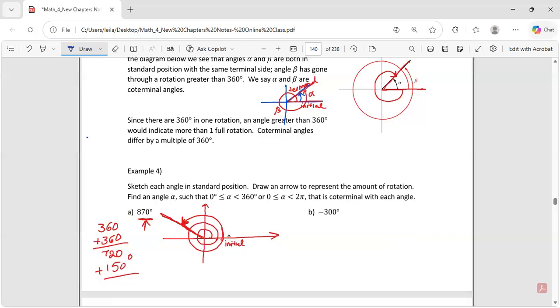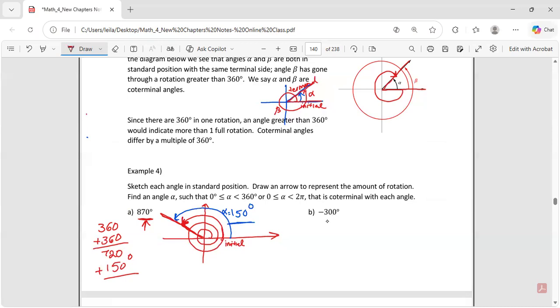I'm going to start with the same initial and end at the same terminal. That's it. So this blue one is a coterminal angle with the red one, and this blue angle is 150 degrees. So 150 degrees is alpha, the coterminal angle with 870 degrees.